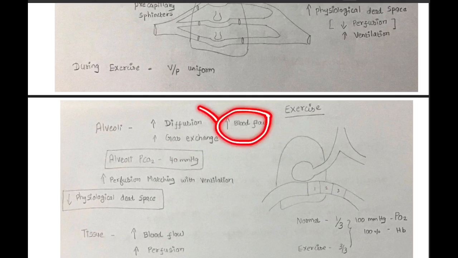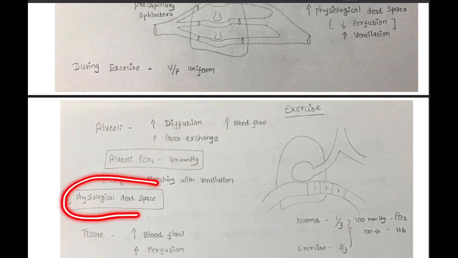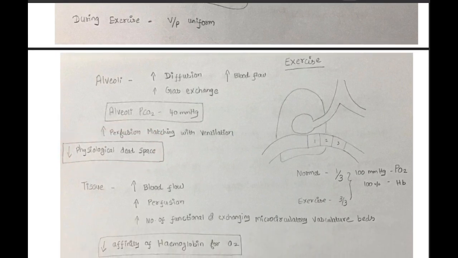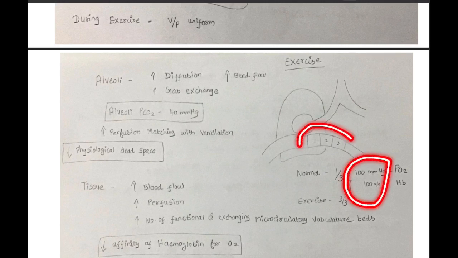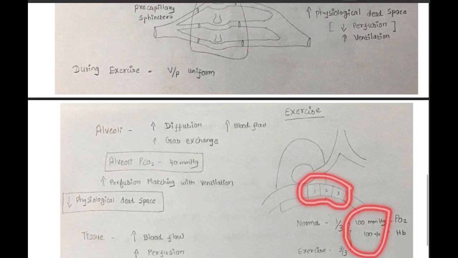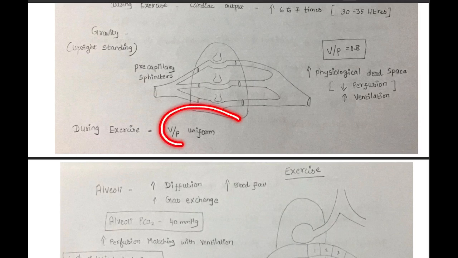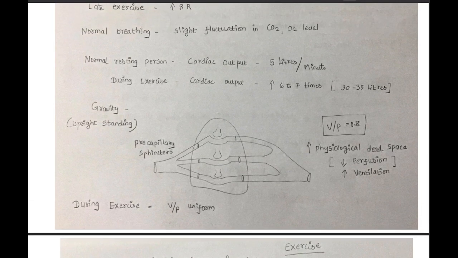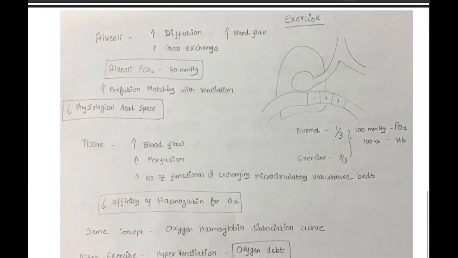Due to the increased blood flow, there is increased perfusion and increased gas exchange, and there is a decrease in the physiological dead space, and the blood flowing through the pulmonary capillaries has a partial pressure of oxygen of 100 and hemoglobin saturation of 100% in all 3 divisions of the pulmonary capillaries, and also the ventilation perfusion is uniform in the upper, middle and lower segments, and the precapillary sphincters are also widely open. So these are the changes during exercise in the lungs.